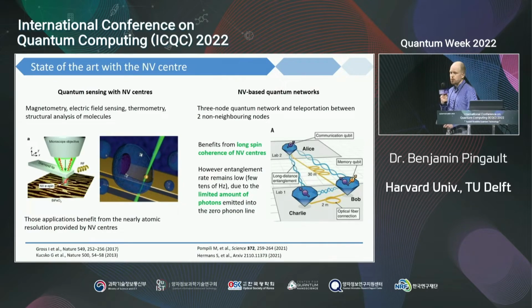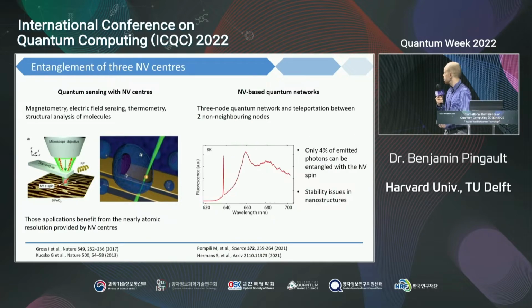All of this is made possible by the fact that the NV center possesses a long spin coherence time. However, the entanglement rates achievable with this system are quite limited, because the NV center emits very few usable photons into the zero phonon line.